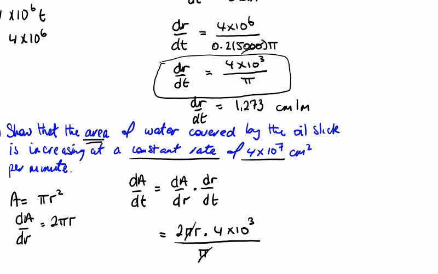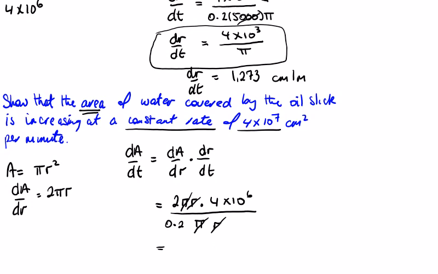I need to get my r back out at 50 meters. So it's 4 by 10 to the power of 6 over 0.2 pi r. So my r's will cancel. 2 divided by 0.2 is 10. So I have 10 by 4 by 10 to the power of 6, which is equal to 4 by 10 to the power of 7, which thankfully is what they were asking for here.